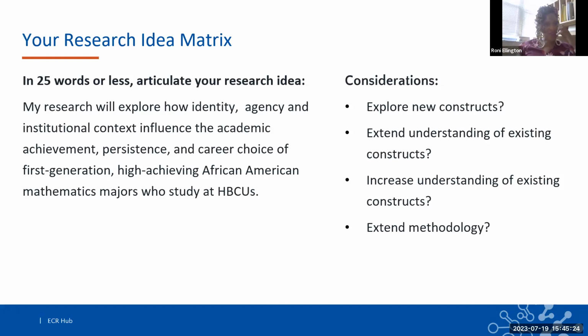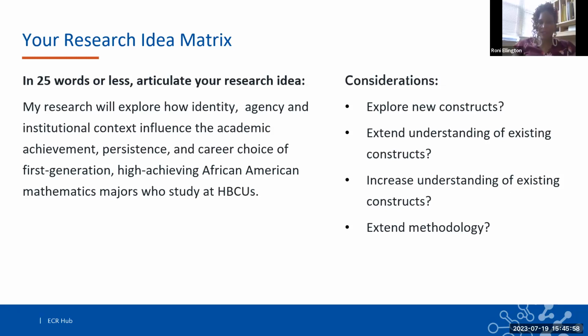So I have a whole background of why I want to look specifically at math majors, because I believe math majors are unique from other STEM majors because of the nature of mathematics, right? I have a whole background as to why I believe we should understand that. And I believe that identity, agency, and institutional context interplay for these students to make them high achievers and persist in their career. So this study will help me understand that, build a model around that, and you'll see my research questions as I'm developing them.